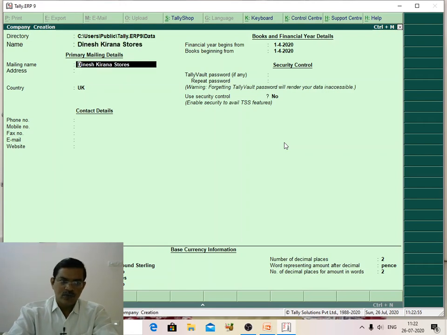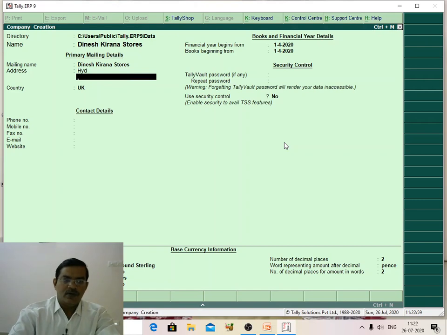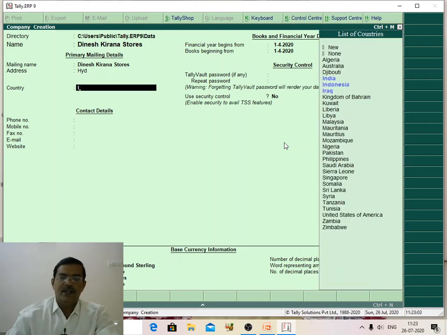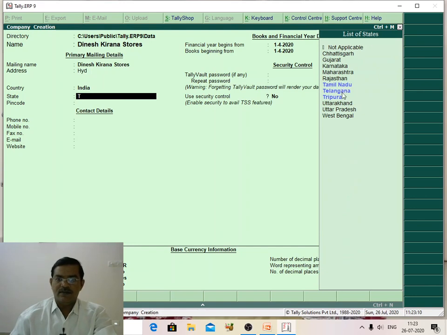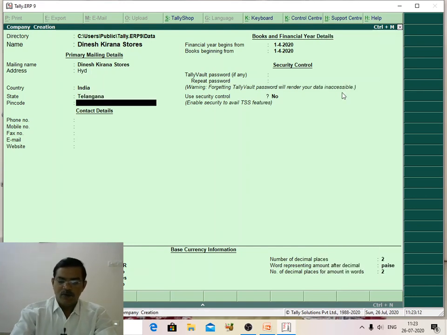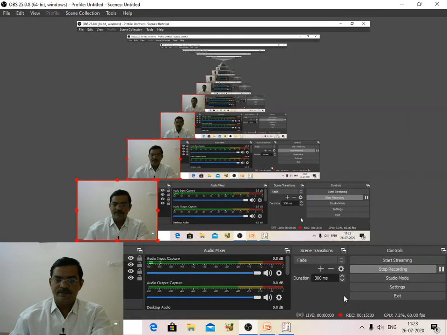The company name is Dinesh Kirana Stores, and the address is Hyderabad. The country is India, the state is Telangana, and for the pin code you can give any pin code number, like mobile number, all these.